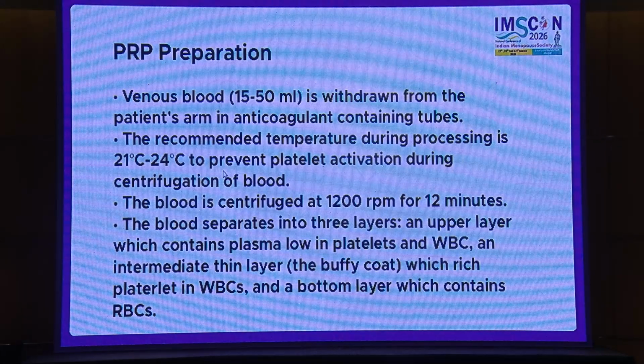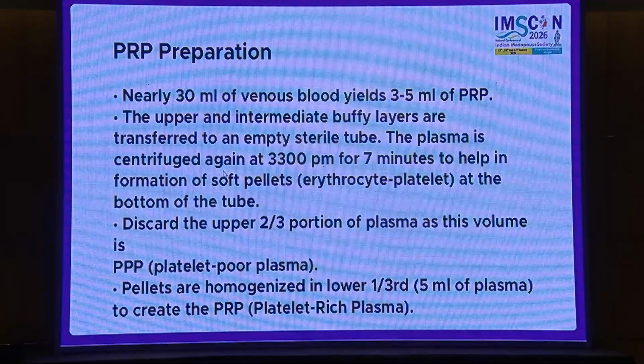The blood separates into 3 layers: the upper layer, which contains plasma low in platelets and WBC; an intermediate thin layer, the buffy layer, which is rich in platelets and WBC; and the bottom layer, which contains RBC. Nearly 30 ml of venous blood yields 3 to 5 ml of PRP. The upper and the intermediate buffy layers are transferred into a sterile tube.